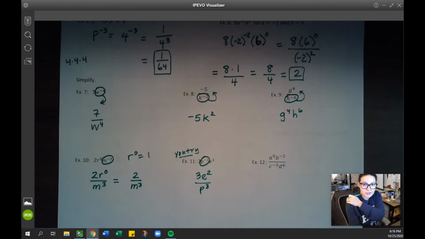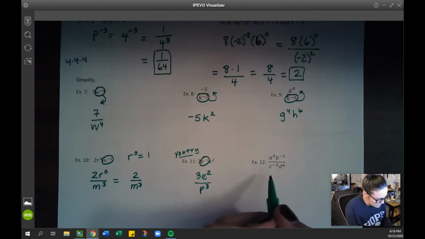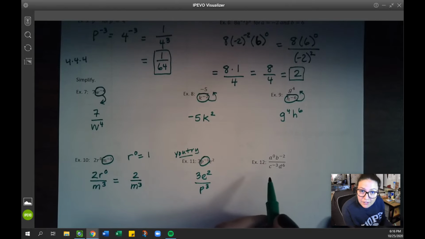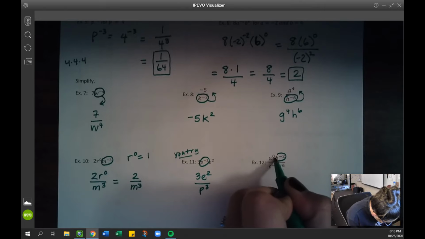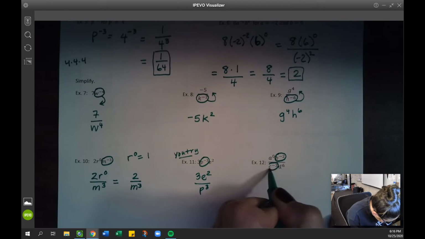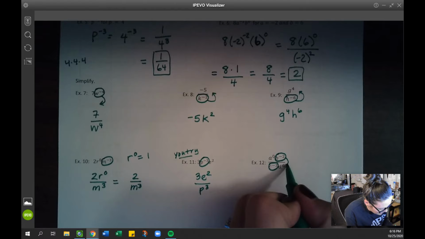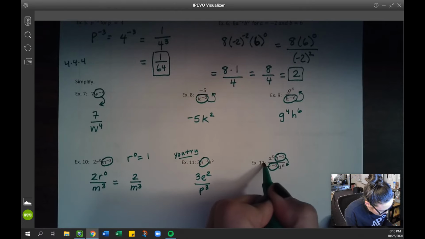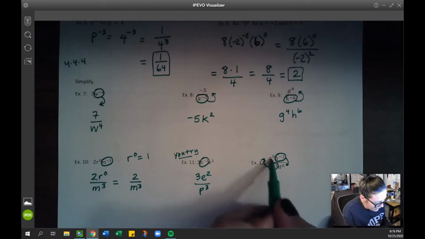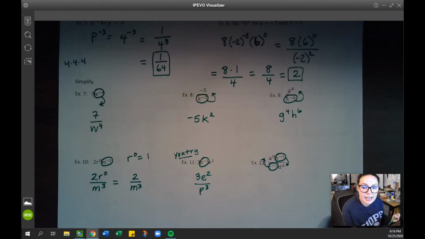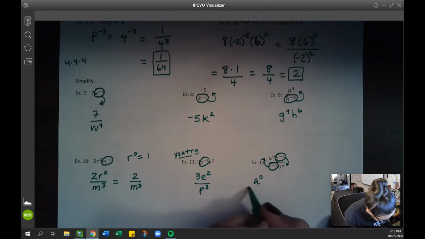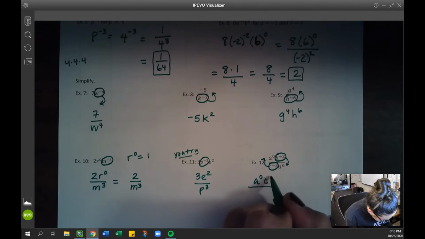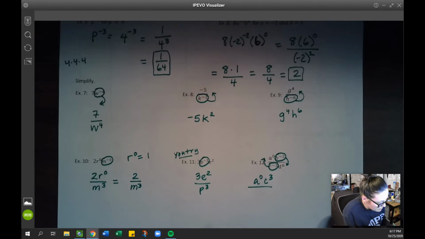One last example. Let's circle everything that has a negative exponent. B has a negative exponent, and C has a negative exponent. B is going to move down, and C is going to move up. A and D are going to stay where they are. So I have a to the 0 and c cubed now on the top.